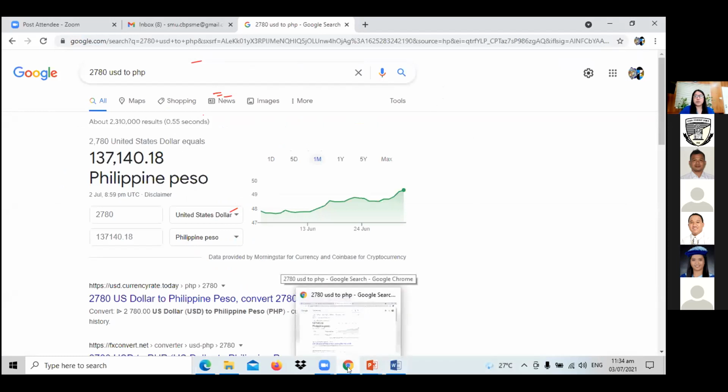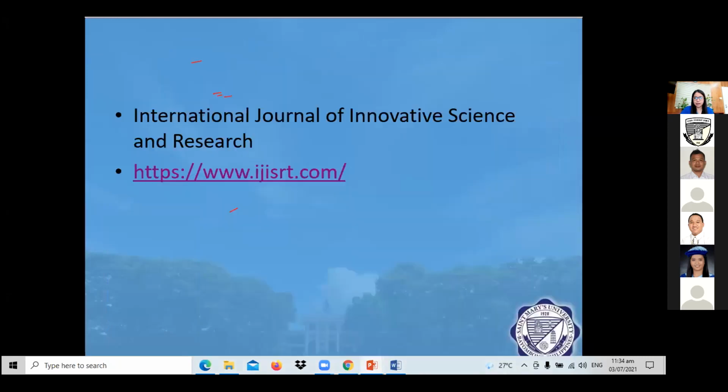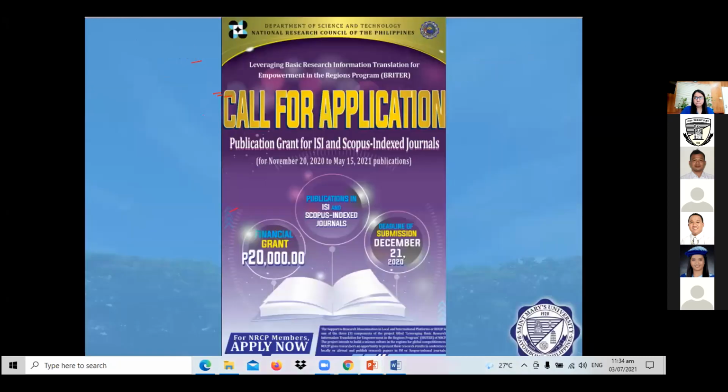So as mentioned, some are free, some are a little bit lower than this amount. And if we also consider the advertisement provided by the NRCP, let's go back to that. This one. They just give a grant of 20,000.